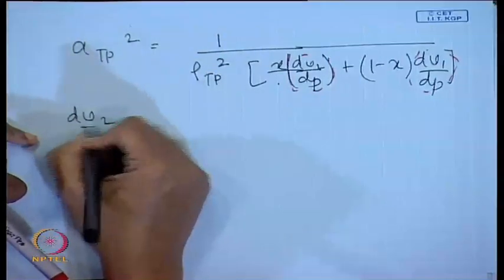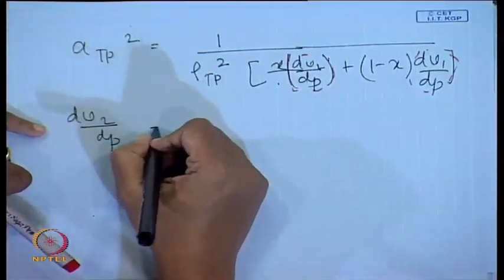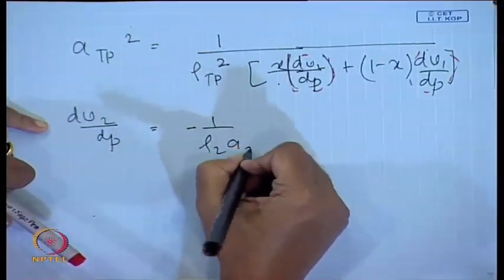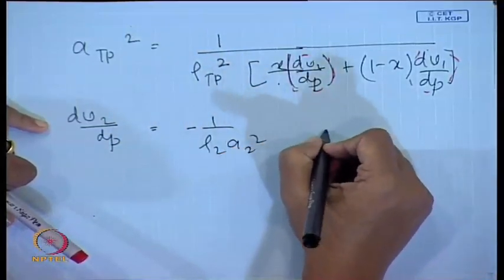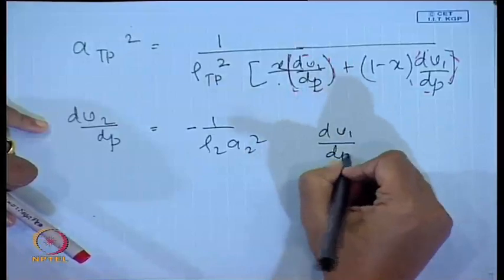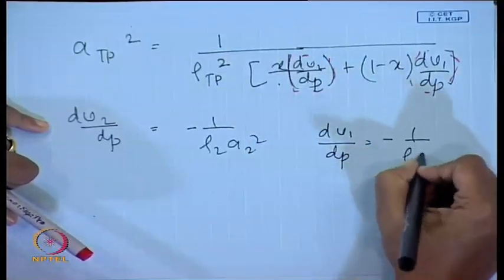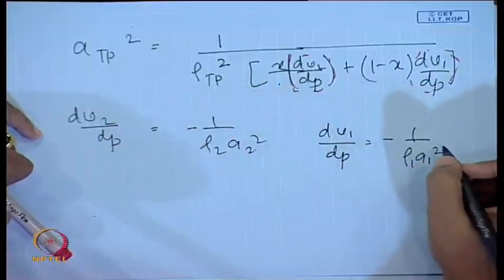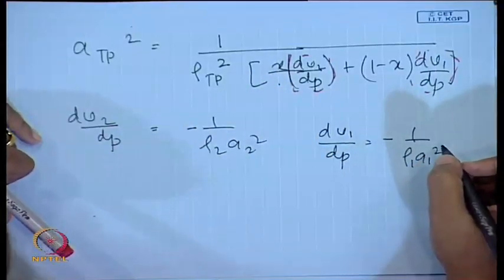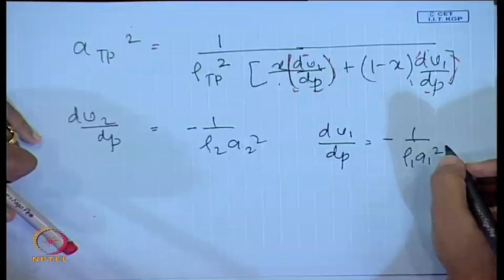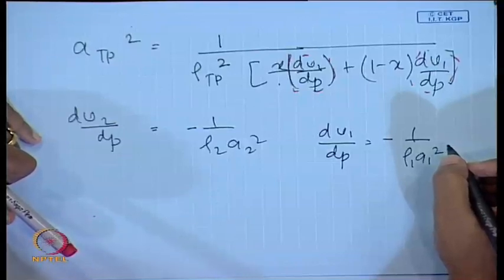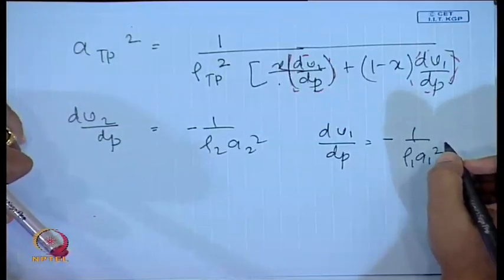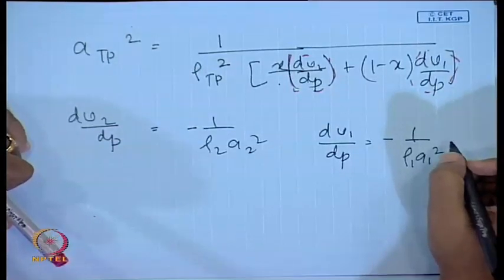So, how can we define these particular things? This dV2/dP is nothing but equal to minus 1 by rho 2 A2 square, fine, and dV1/dP is nothing but minus 1 by rho 1 A1 square, where A2 and A1 are the acoustic velocities in fluid 2 and fluid 1 under these pseudo homogeneous conditions, or under the conditions of this homogeneous flow, fine.